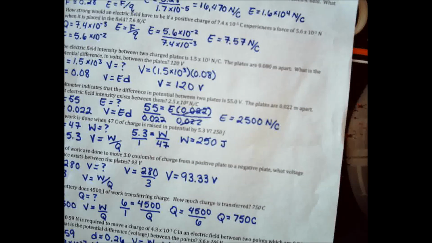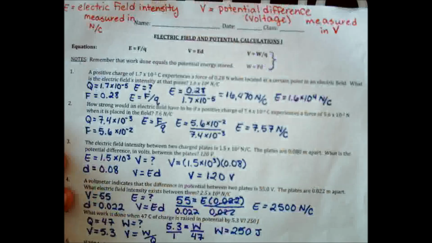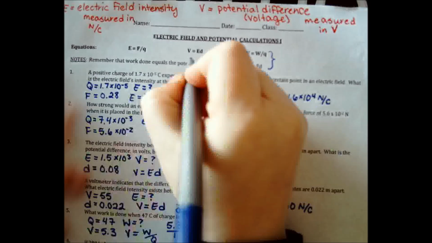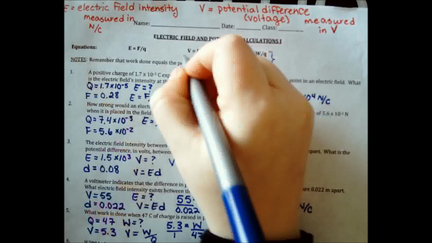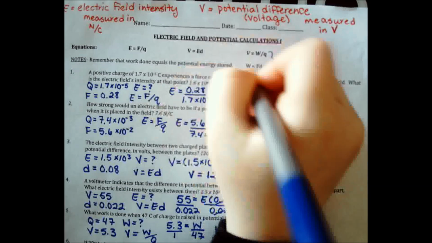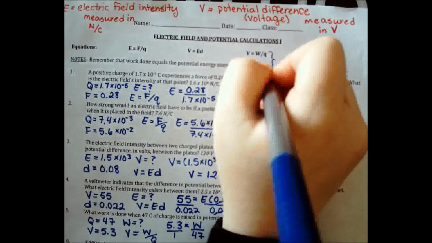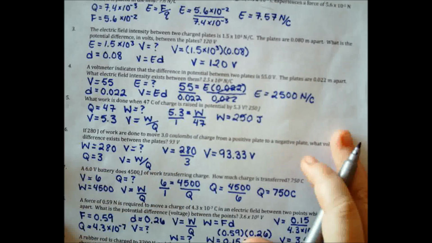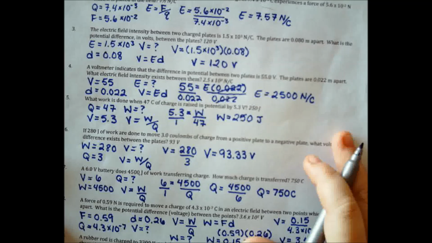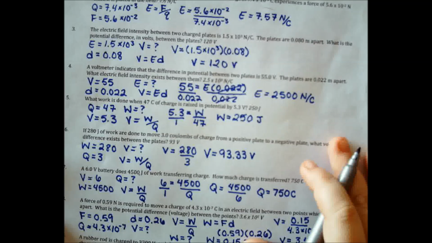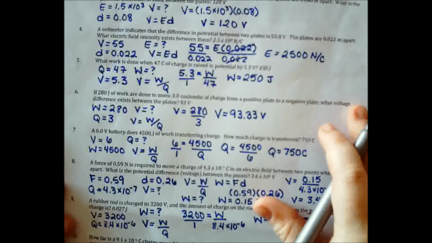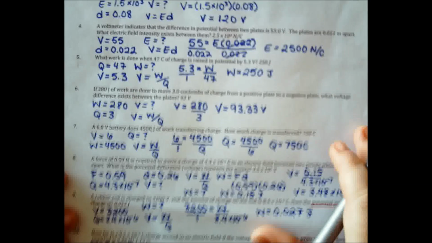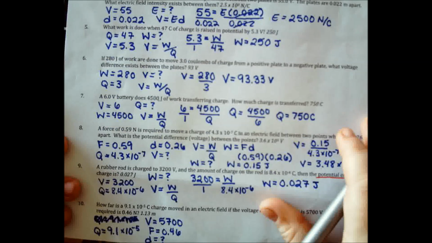The only 2 equations that use distance are E equals V over d and work equals F d. If you look at what we don't have, we don't have work and we don't have electric field intensity. We don't have W or E. So we're going to have to find one of those 2 before we can actually solve for distance.